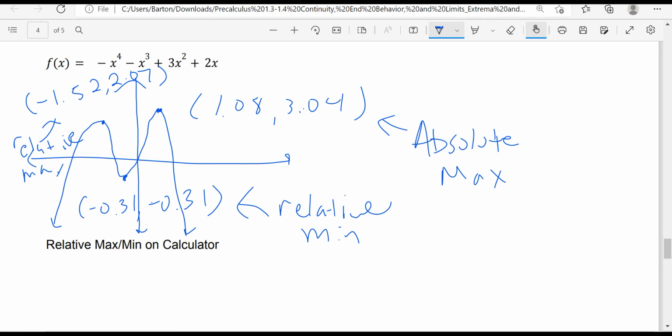Is there an absolute min in this problem? There is no absolute min, because it's going down to infinity. Now, if both these arrows were facing up, then we would have our absolute minimum somewhere.